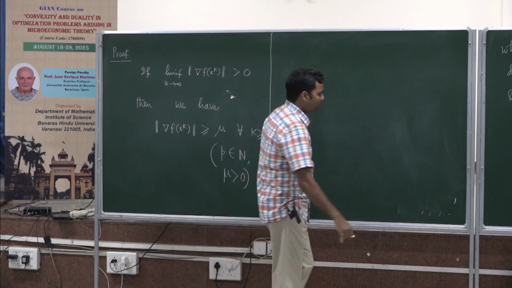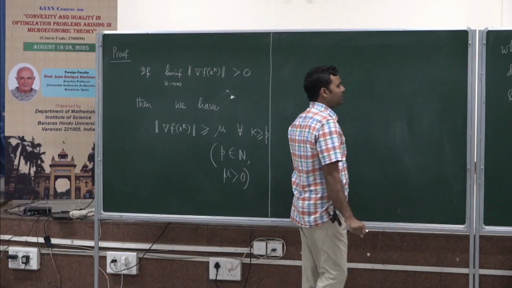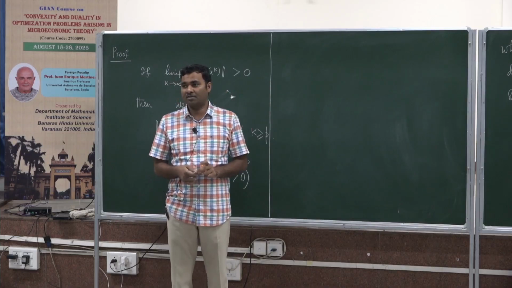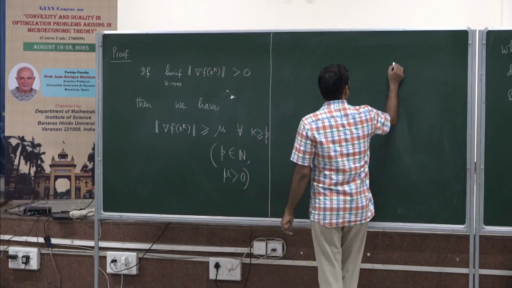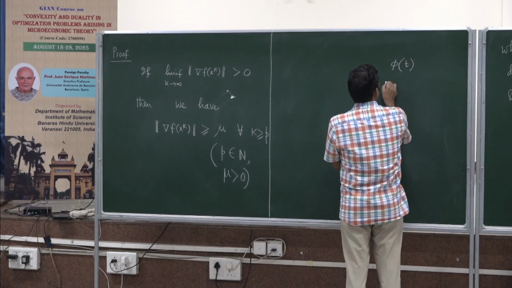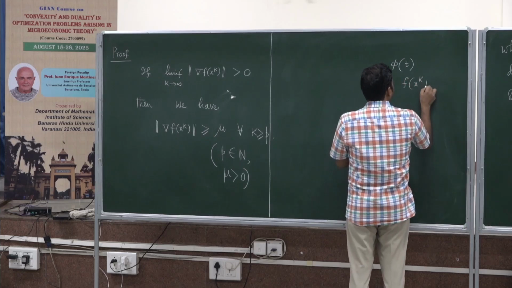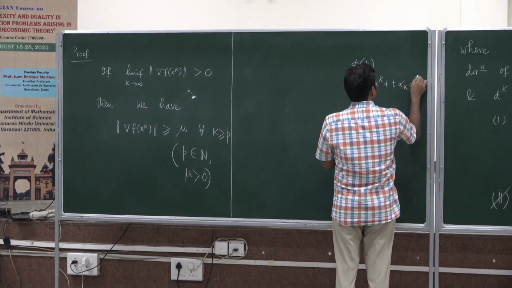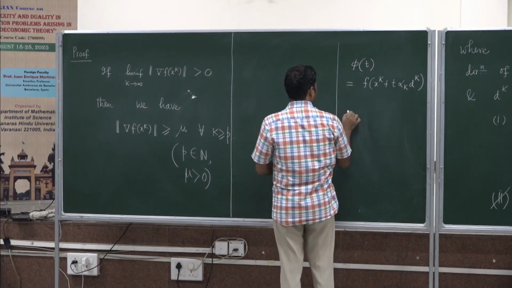But now we note that once we are considering that the function f has gradient Lipschitz, we have the following inequality. I construct a function phi of t given by f of xk plus t alpha k dk, an auxiliary function.